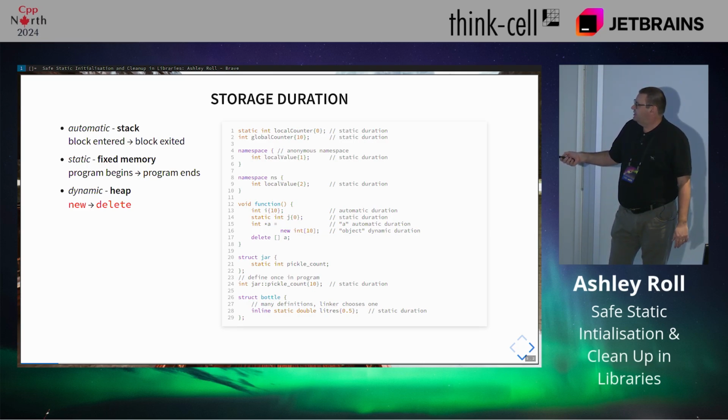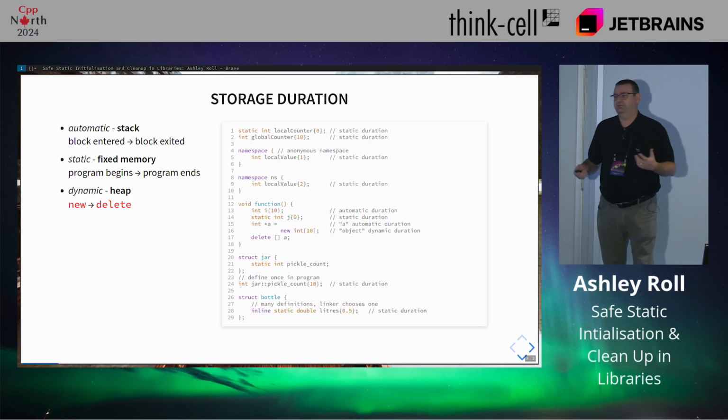We can have static duration in a class, and we can also declare this inline, and this is useful when you're putting a type within a header file which you're going to include in multiple places. Because we do the inline static there, we don't have to have an external declaration like we do here, and it just means that the compiler and linker sort out one and only one instance of that for us.